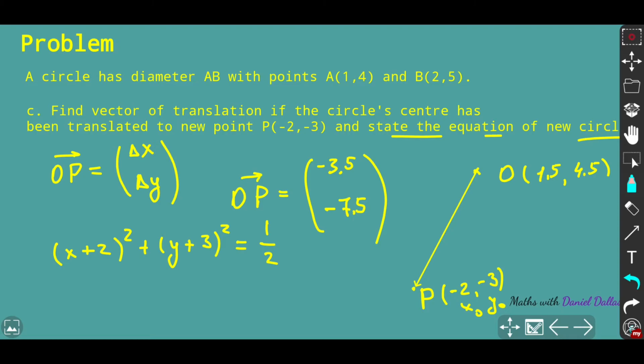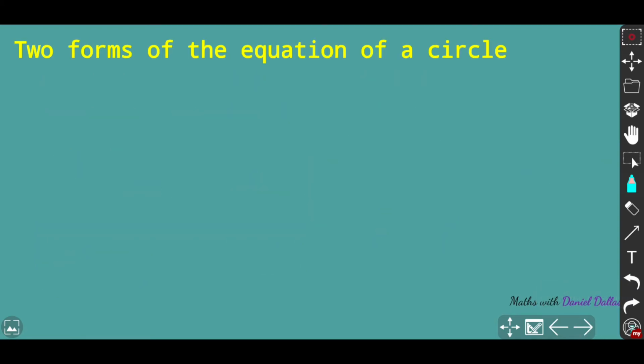Alright, so we've got the final equation of the circle centered in new point P, and that's it. I think we've done everything except for two forms of the equation of the circle, expanded form and contracted form, and this is the right time to know about this.